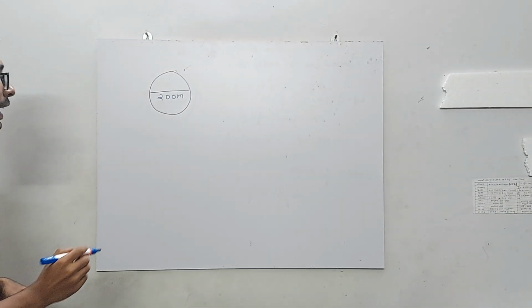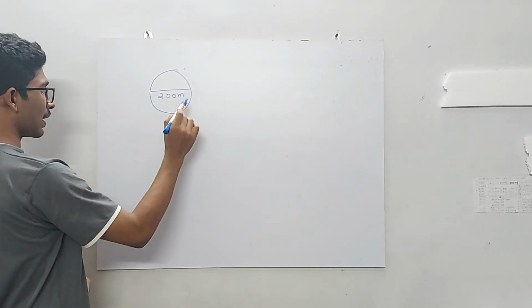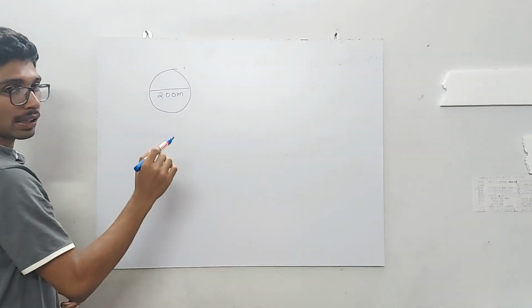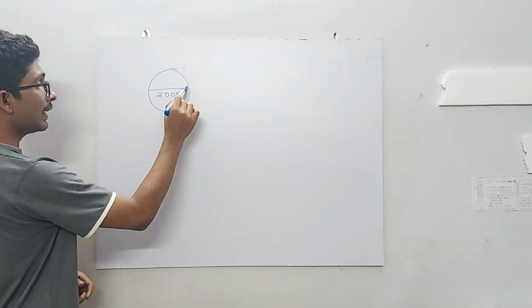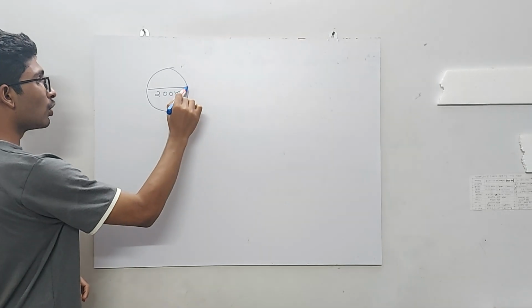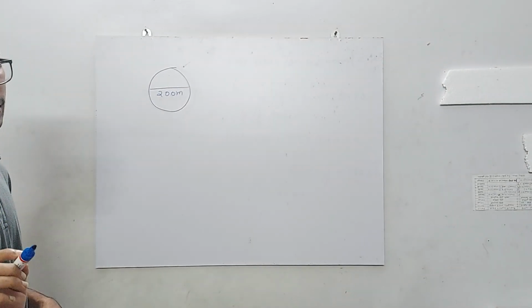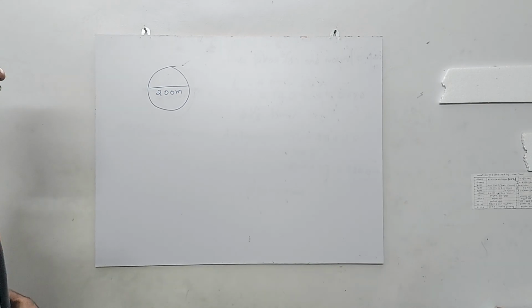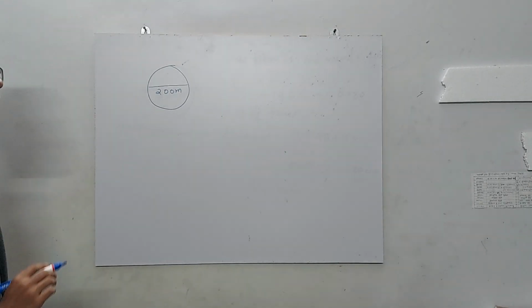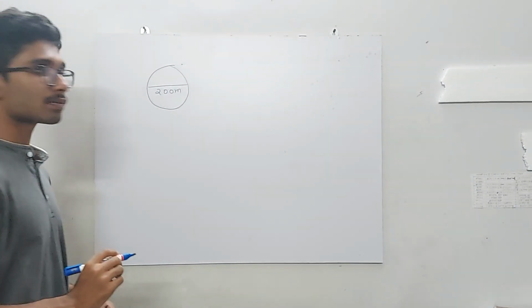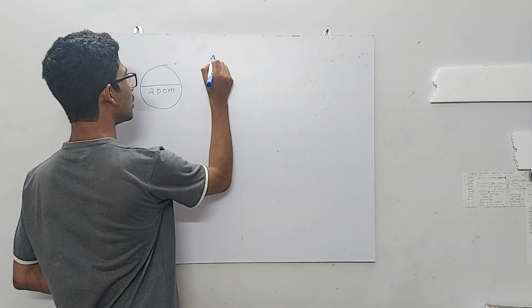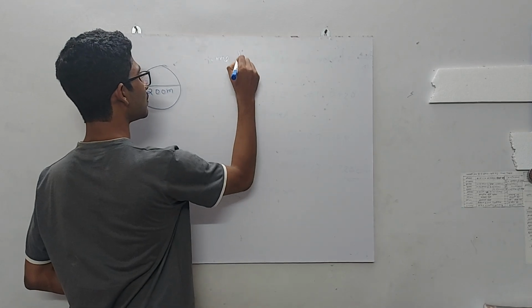Let's say an athlete starts his journey from here and completes one round in 40 seconds. So after 2 minutes 20 seconds, what will be the distance covered by him and what will be the displacement covered by him? So let me write down the details.